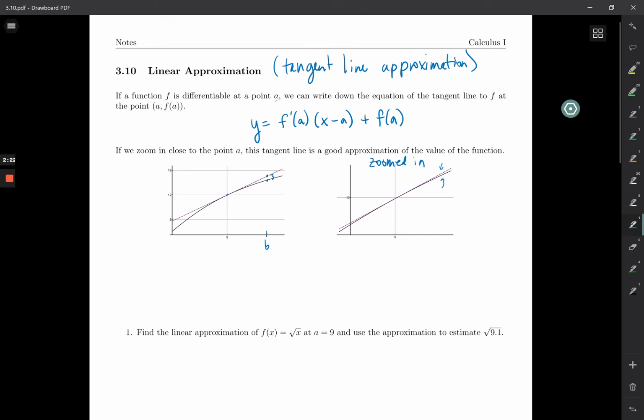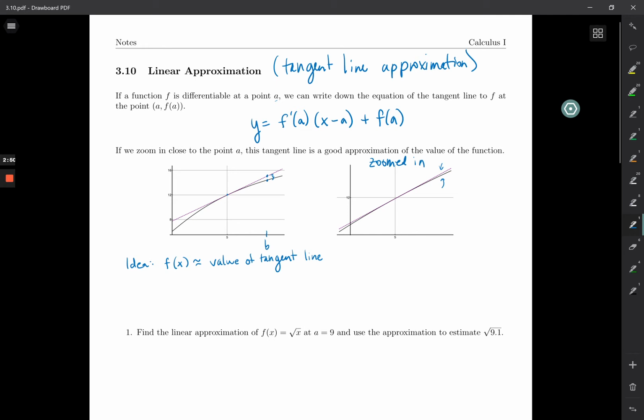Now the idea of the linearization is that, as we've said, the value of the function is approximately equal to the value of the tangent line when x is near a.